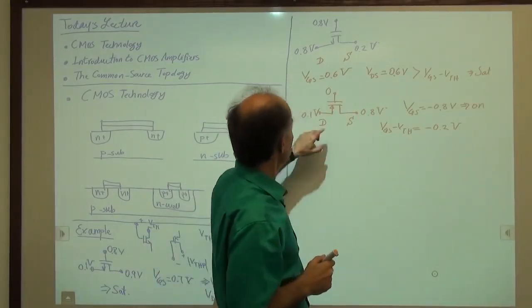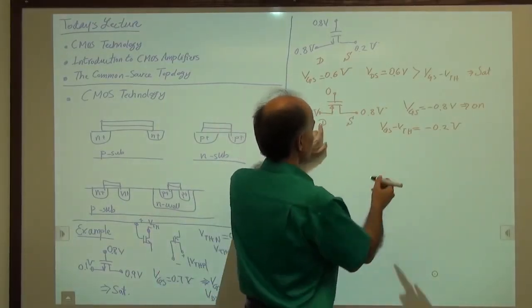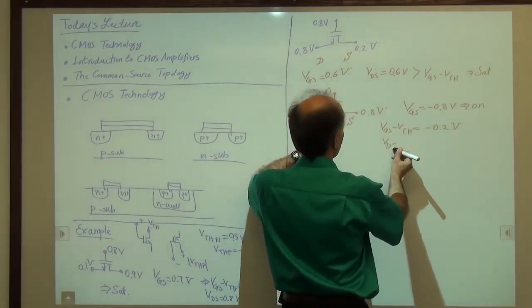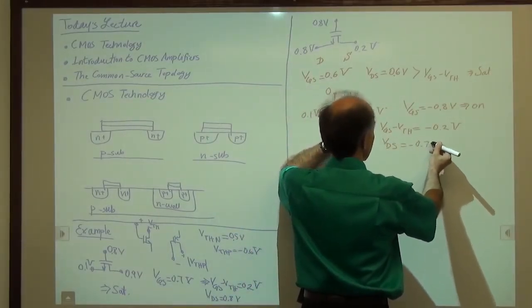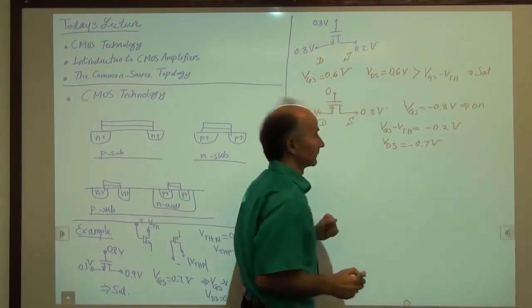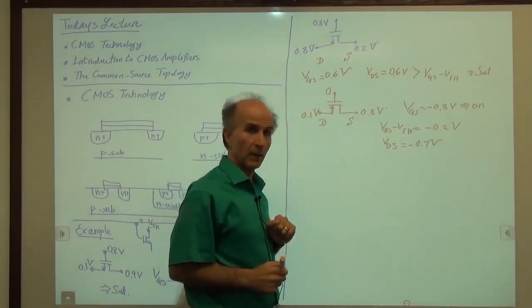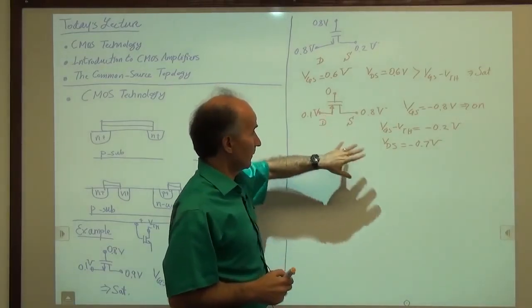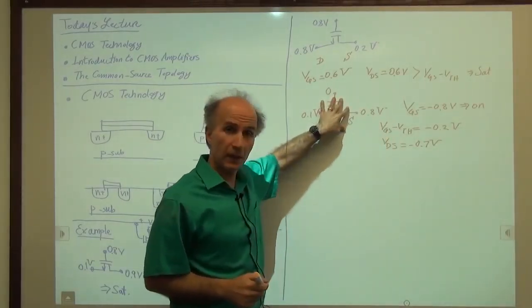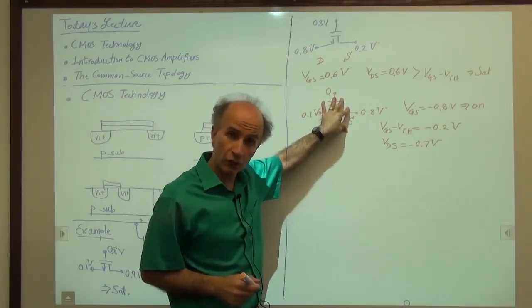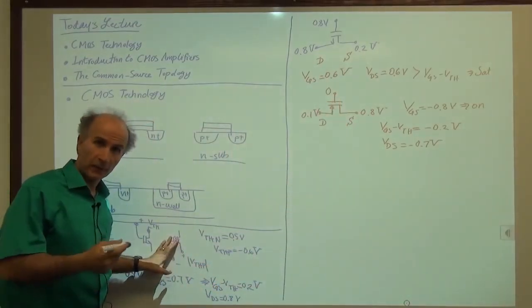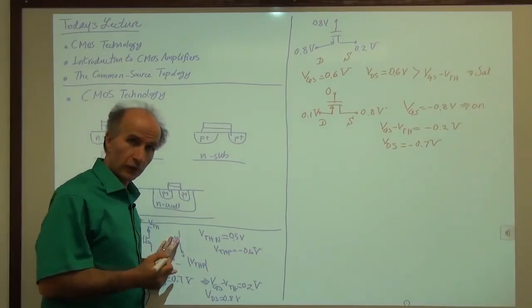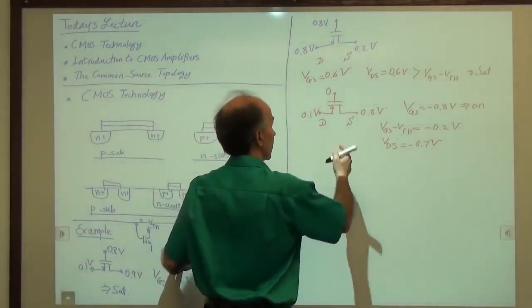Okay, how about the VDS? VDS, drain minus source, is equal to minus 0.7 volts. Now in cases like this, if this is confusing, you can try to redraw this device in this form, because that form is something more familiar to us. So let's do that for a second and see. All right, this is the source.